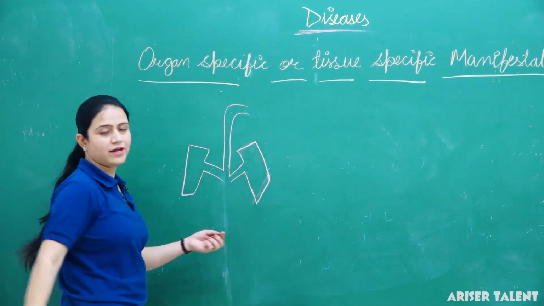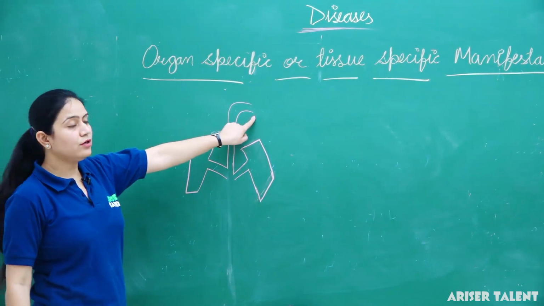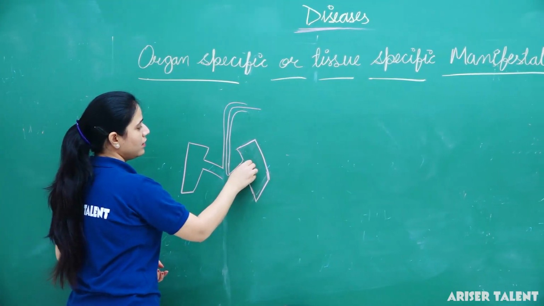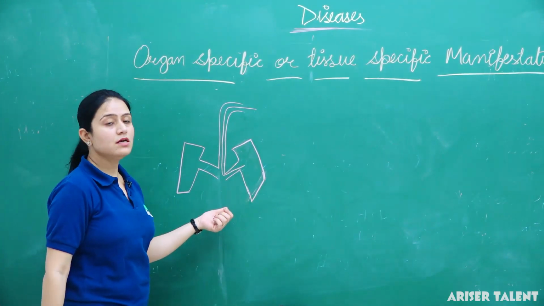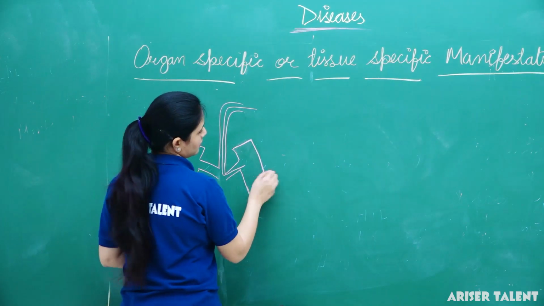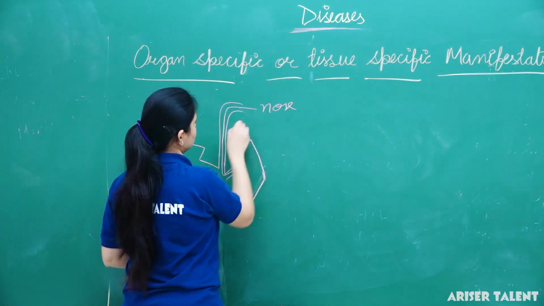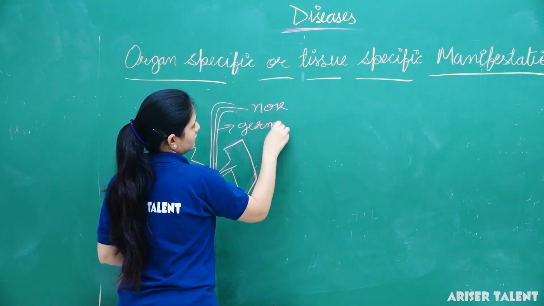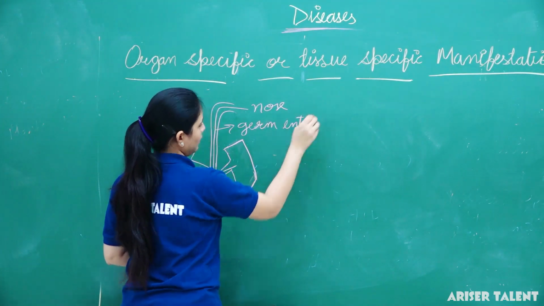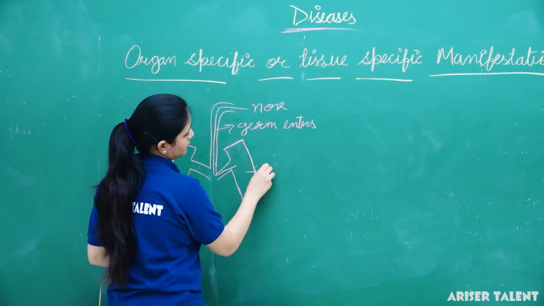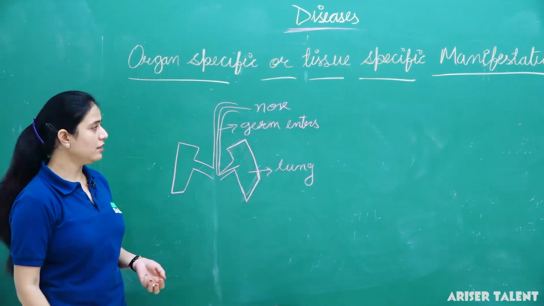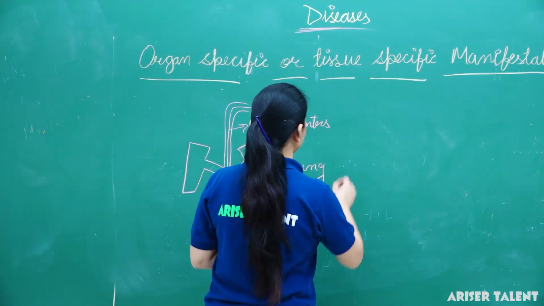This is just a rough idea. If the microorganisms enter through the nose, they go to the lungs and cause tuberculosis. The germs enter through the nose and reach the lung, then the lungs get infected by TB or tuberculosis.